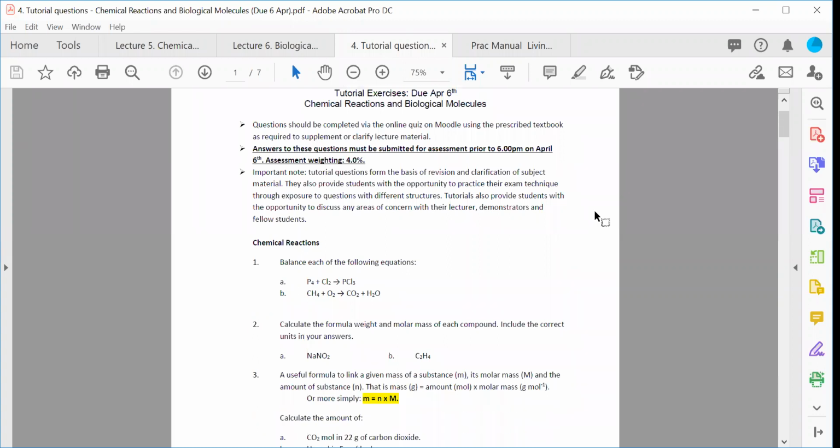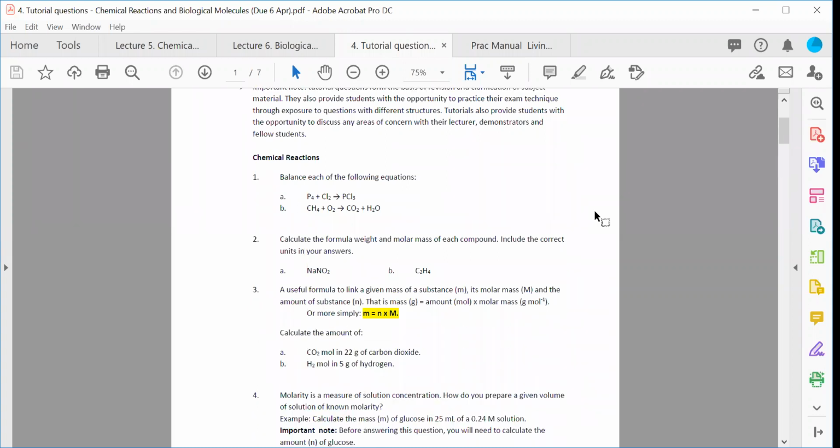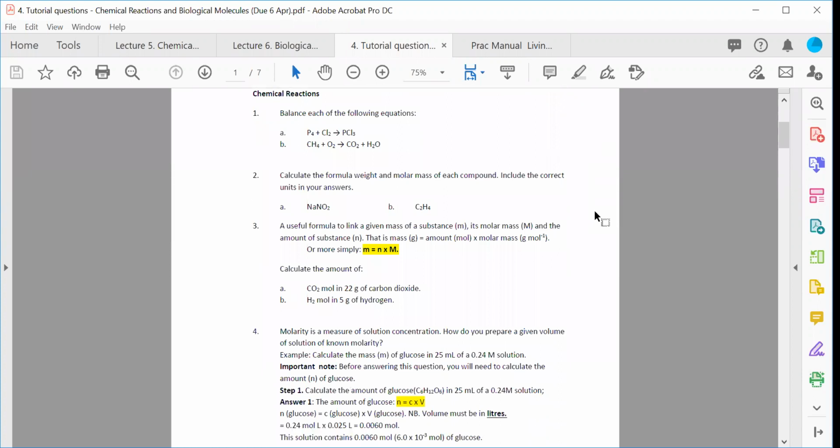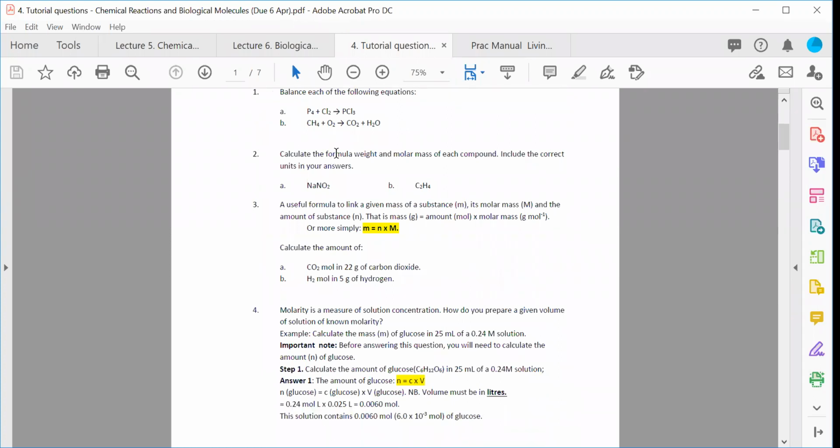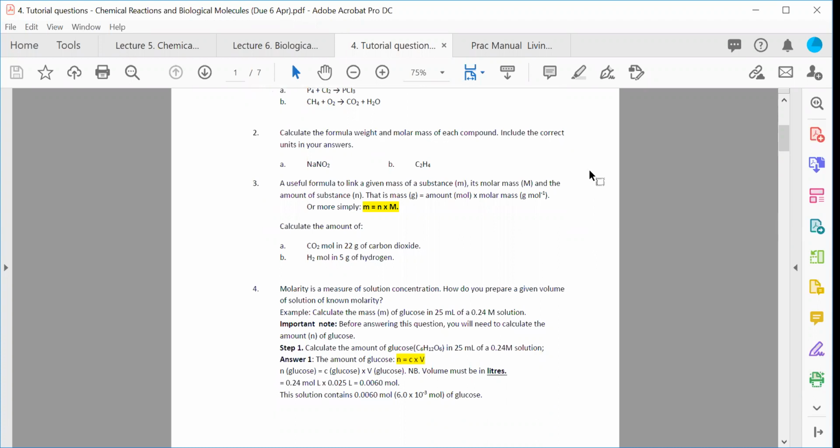Okay, so we've got some balancing of chemical equations that you can practice. We're looking at that term, remember, formula weight and molar mass. So revise those slides before you answer.